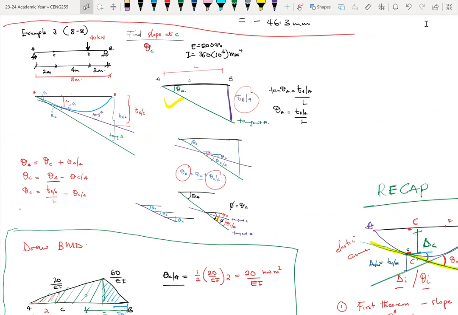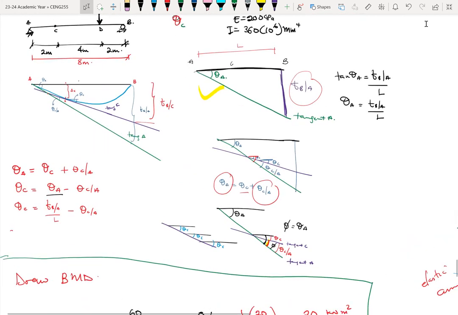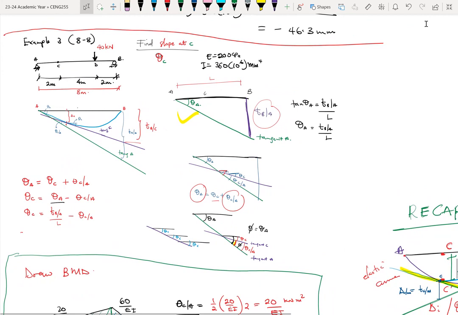The examples are pretty much the same. I should have also posted a snippet of it on the V campus, so you can always check it. So we have a simply supported beam AB, with two key points on the beam, point C anywhere on the beam, and then point D.